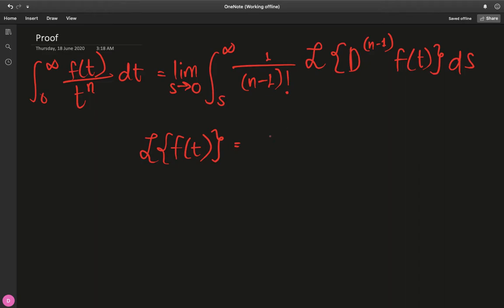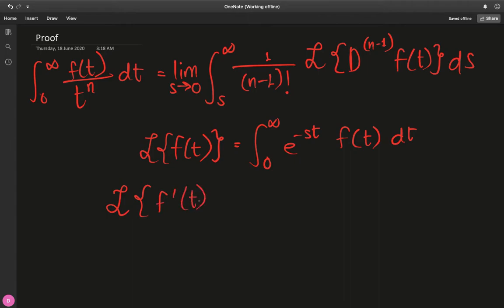So the Laplace transform of f of t is defined as the integral from 0 to infinity of e raised to minus st times f of t dt, right? But what about the Laplace transform of, say, f prime of t, so the first derivative of f of t with respect to t? That's going to be the integral from 0 to infinity of e raised to minus st times f prime of t dt.